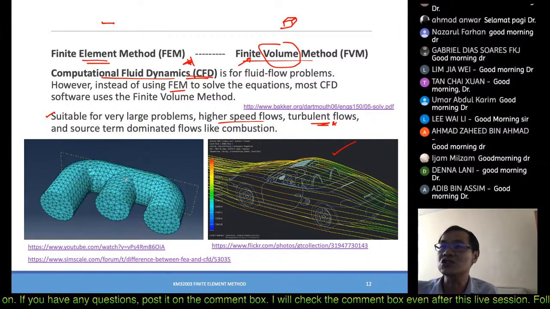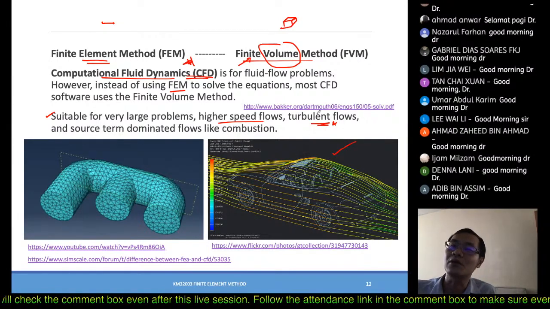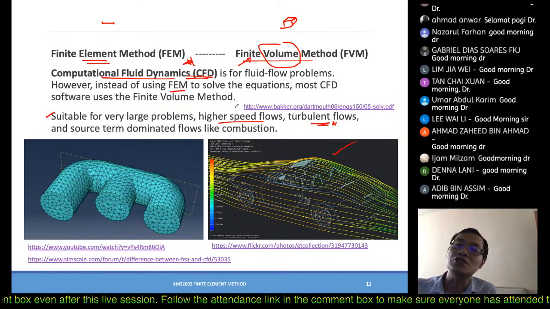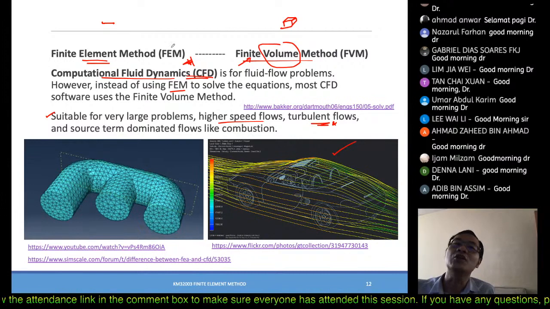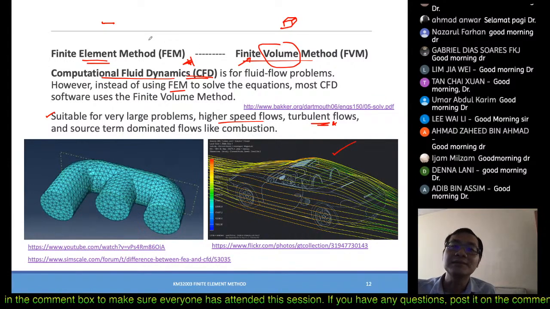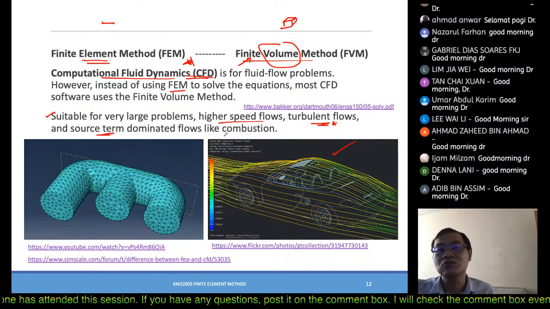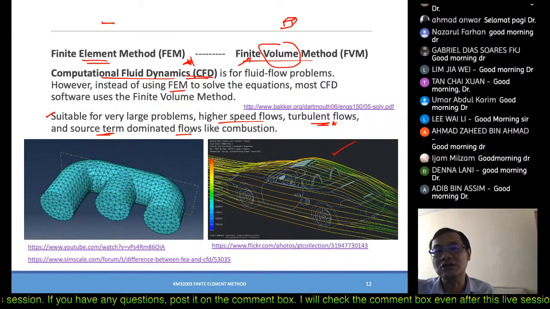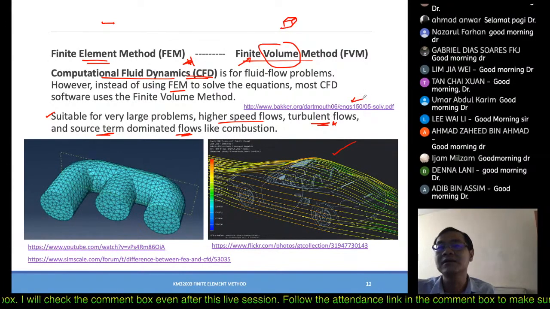Whenever there is mixing or turbulent flow inside, then they have this problem. That would be solvable in FVM but not FEM. Also there is a source term like combustion, which will affect the flow itself. You can read more in this link.